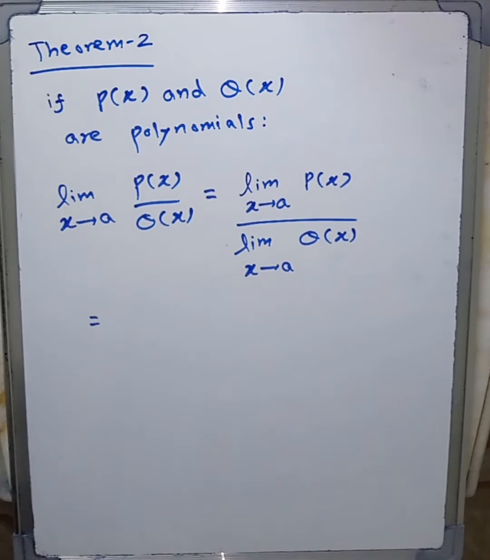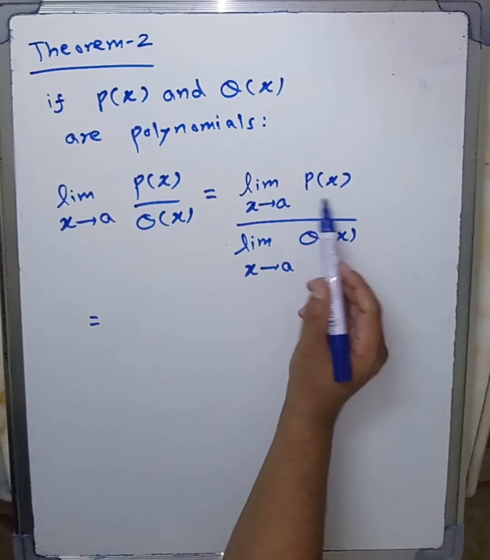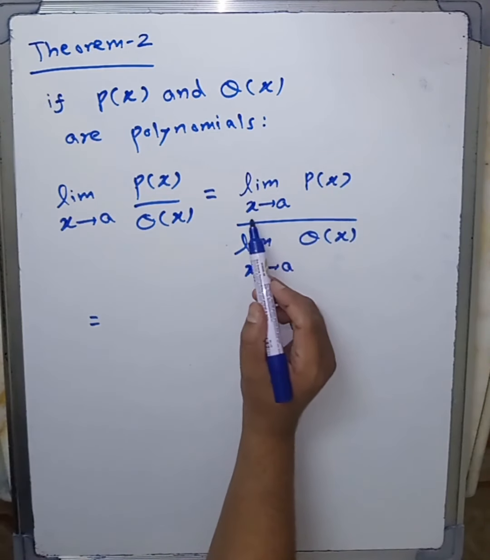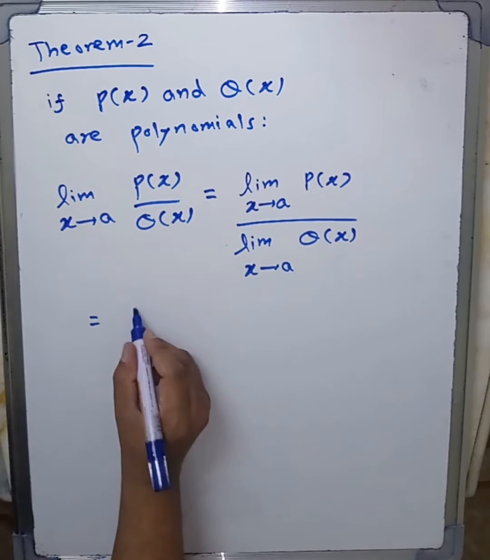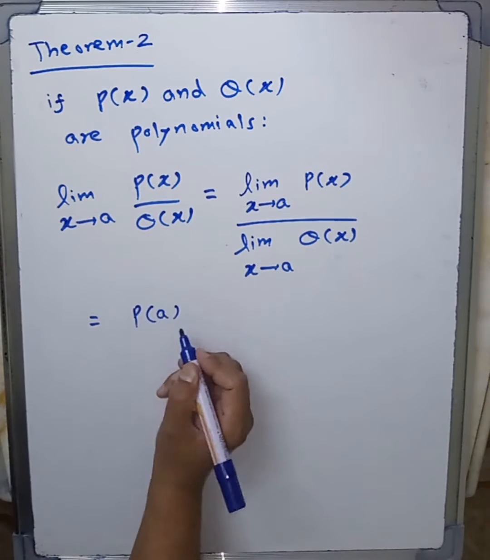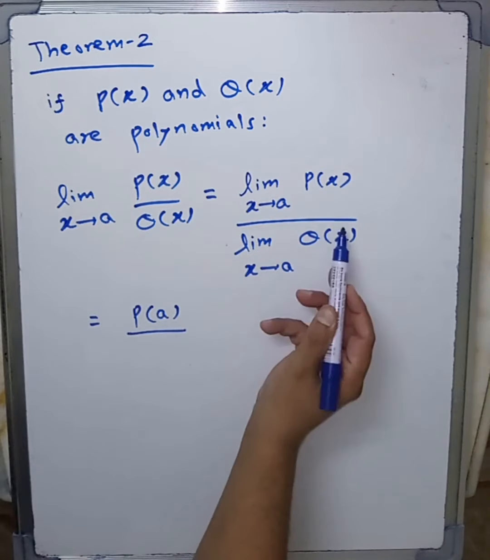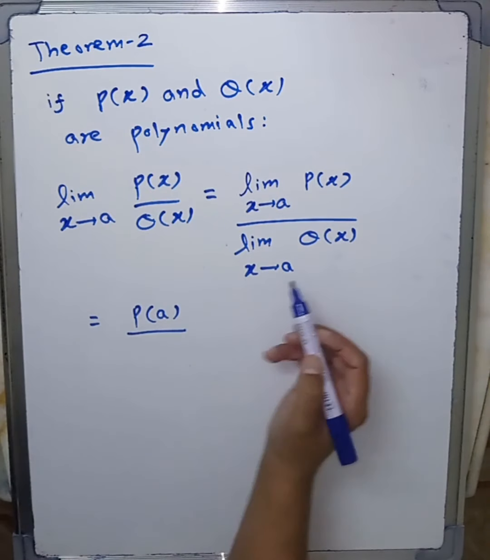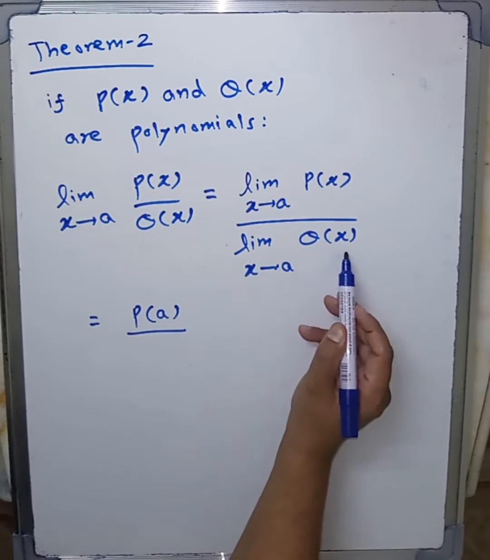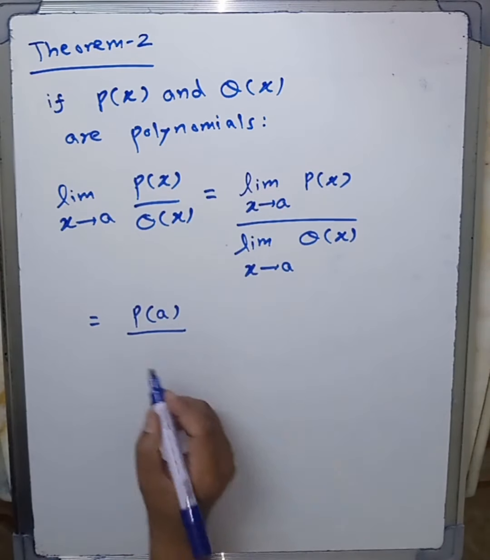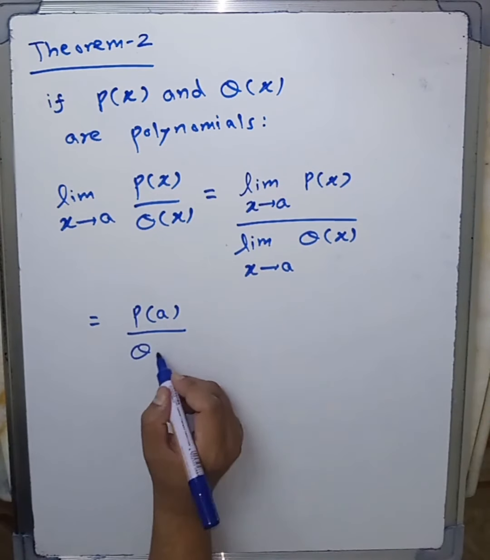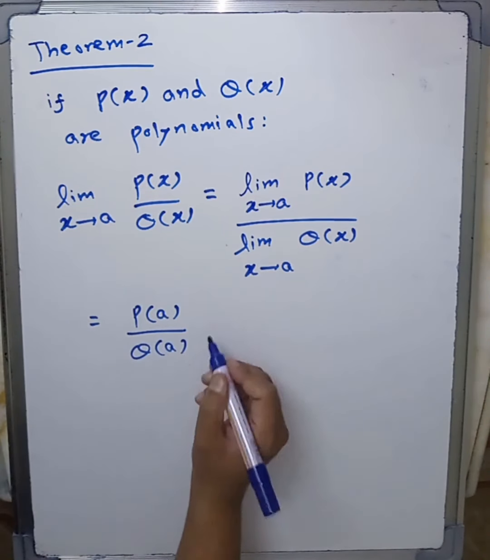And now we can use theorem number 1. We know that p(x) is a polynomial and hence limit x tending to a of p(x) will be equal to p(a), divided by limit x tending to a of q(x). q(x) is also a polynomial and hence this limit will be equal to q(a).